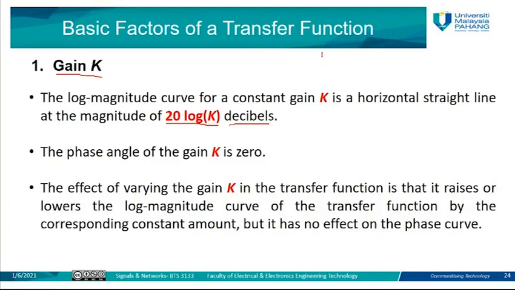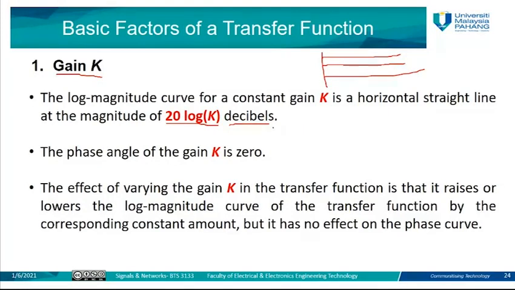Then you draw it as straight lines. This is the x-axis, and if your gain gives you 10 dB, it will be one line at 10 dB. If it gives you 100 dB, it will be one line at 100 dB. So you draw one fixed horizontal straight line, depending on the value of k.